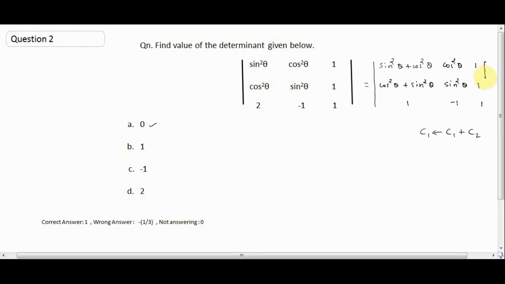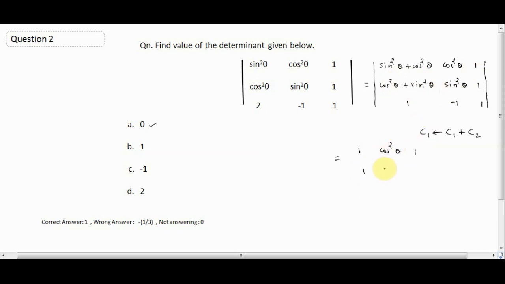Now this matrix we have here may be rewritten as: we have sine square theta plus cos square theta here, that may be written as 1. Then we have cos square theta, then we have 1. Now here we have cos square theta plus sine square theta, that becomes 1.